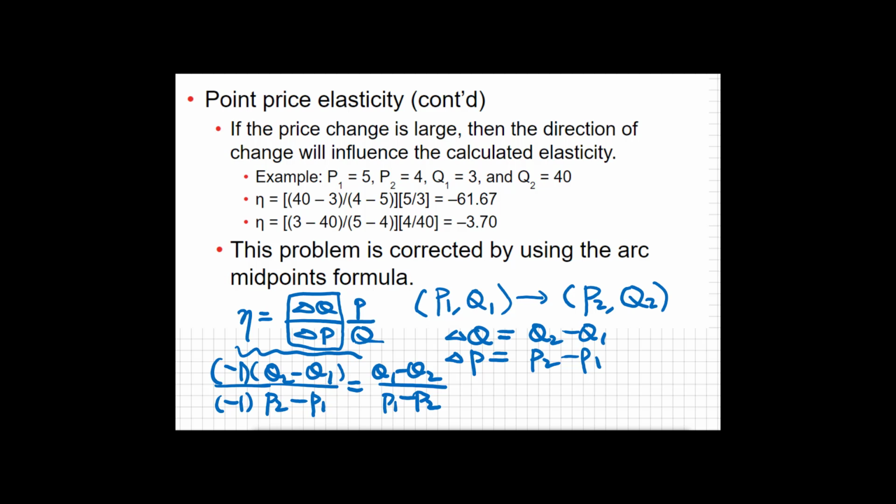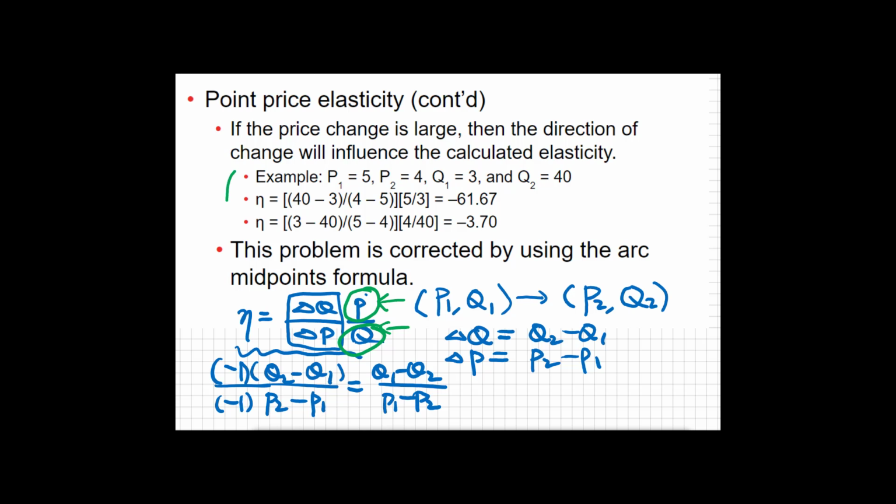But now, you have to think about what you are going to insert for the price level and quantity level. As you saw from the previous slide, when changes in price and quantity are small, which level of P and Q is inserted does not really change the magnitude of price elasticity of demand.